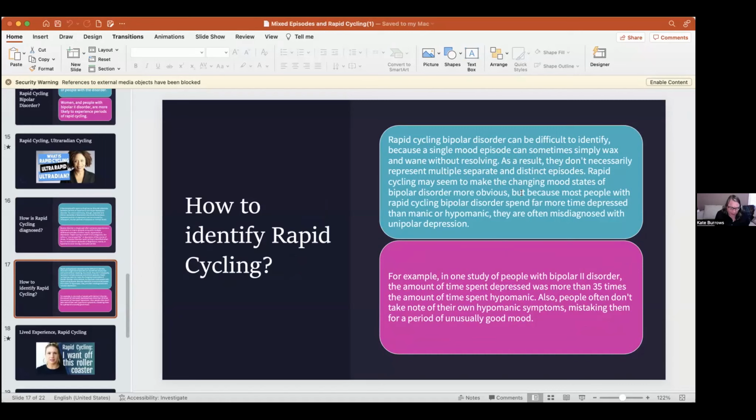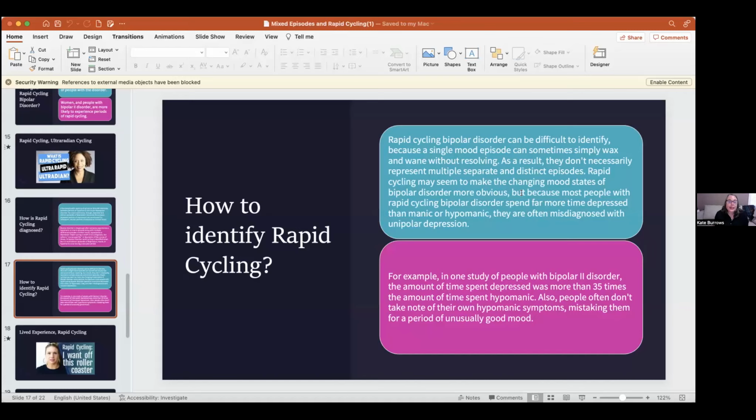And so he's having really shifting emotional states. He'll be really angry and really upset one day, and really anxious and crying the next day, and really manic and running around the next day. That is not rapid cycling. That is situational emotional changes. So they don't represent multiple separate and distinct episodes.